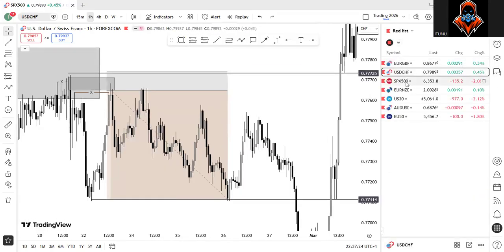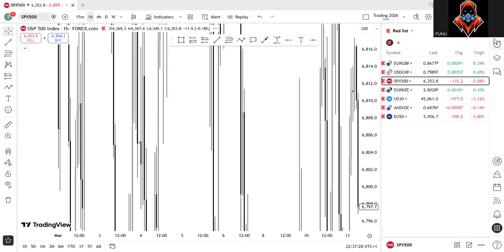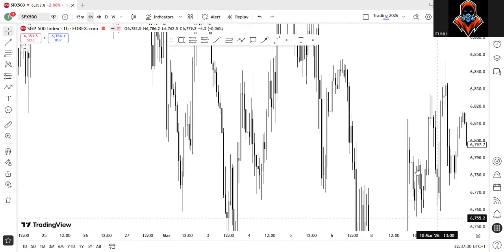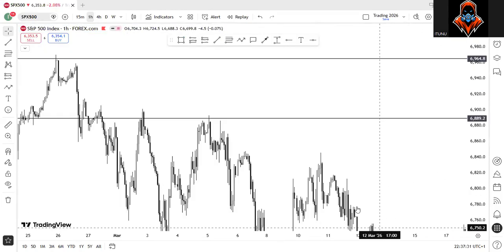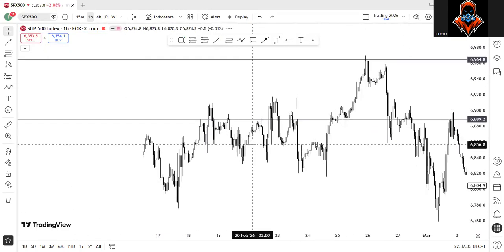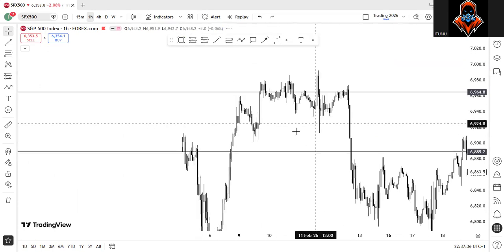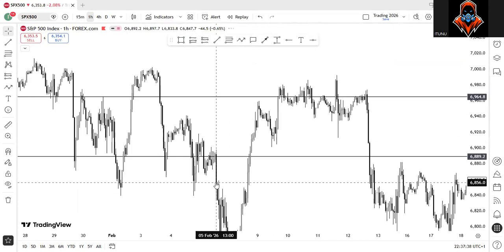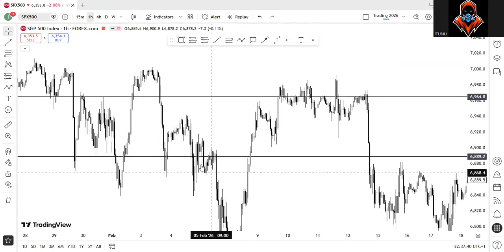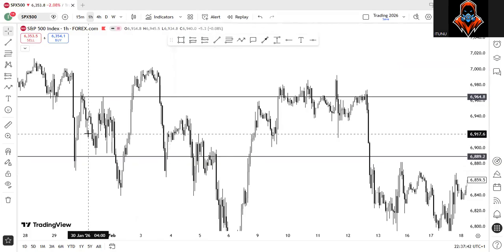Moving on to S&P 500. You should also know that this strategy, algo structure, I do not use it alone.